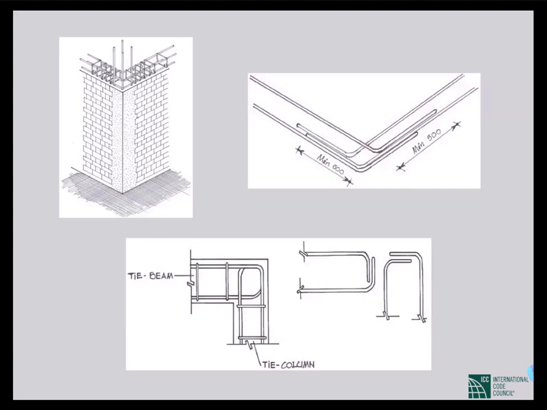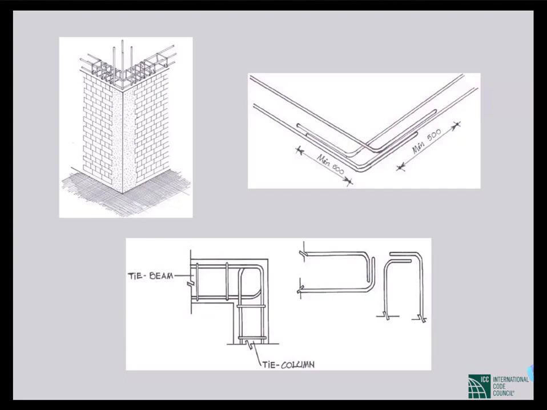So the bar coming from the beams should be embedded, anchored in the other beam, and the development length should be at least 500 millimeters. The reverse will be developed or extended in the other beam by at least 500 millimeters.